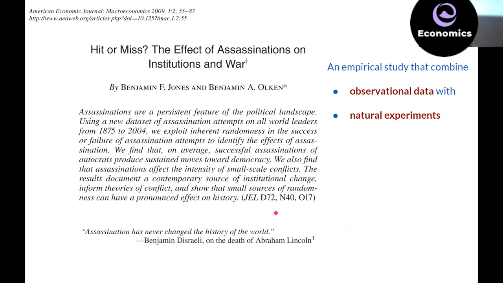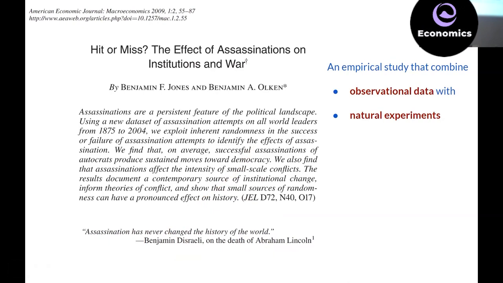So what they found is that on average, successful assassinations of autocrats produce a sustained move toward democracy, and have some impact on small-scale conflicts. The results document a contemporary source of institutional change. So apparently this quote by Benjamin Disraeli on the death of Abraham Lincoln, that assassination has never changed the history of the world, was wrong.